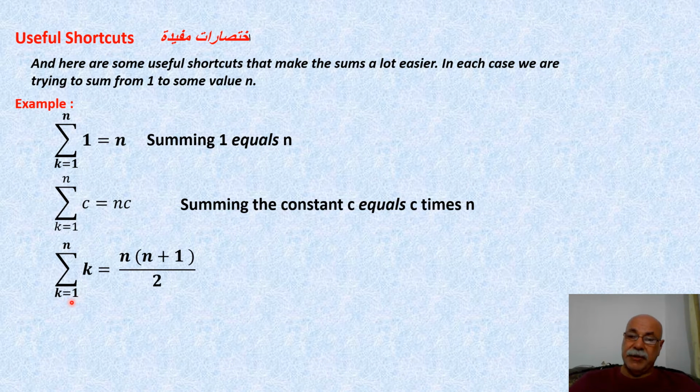Third rule: sum of k from 1 to n equals n times n plus 1 in bracket over 2. This means the shortcut when the summing is k.